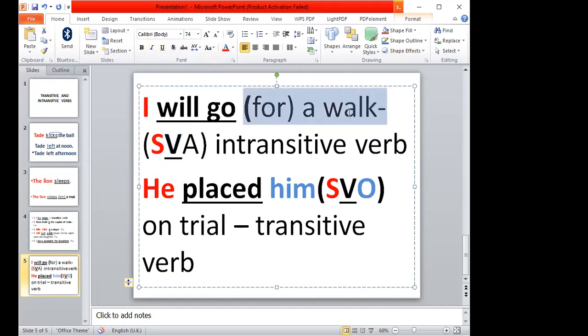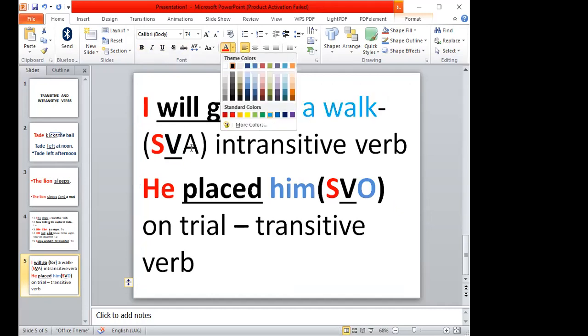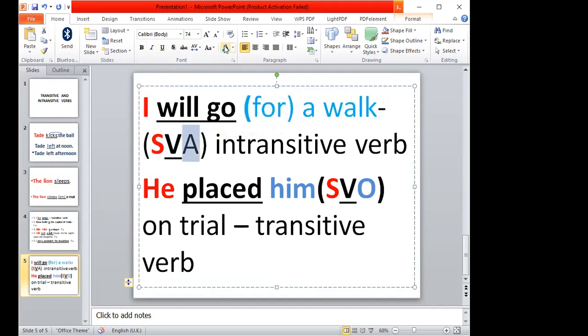And this will be a prepositional phrase. A prepositional phrase. And anytime we have a prepositional phrase in a sentence, we represent it with either an adverbial or we call it an adjunct. So anytime you have a structure other than SVO, the verb that is used in that sentence automatically is an intransitive verb.